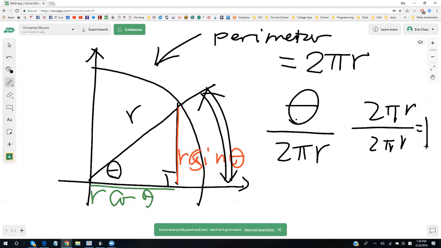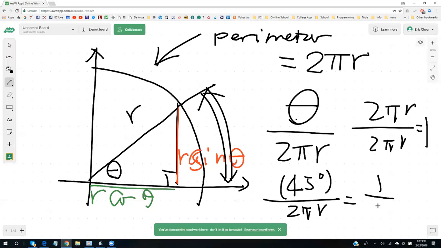And then if the theta is say like this one, 45 degrees, then this 45 degrees compared to 2 pi r will be what? 1/8. Right? The length of this guy will be 1/8. Oh, yeah.